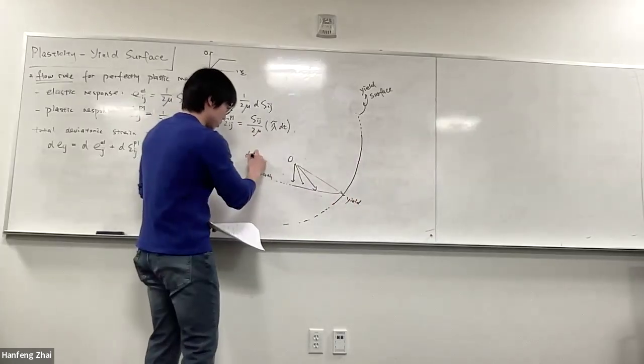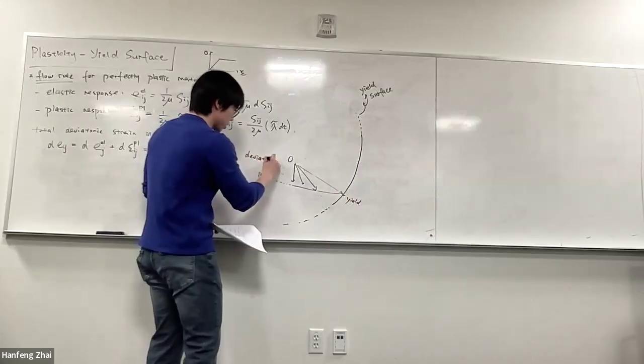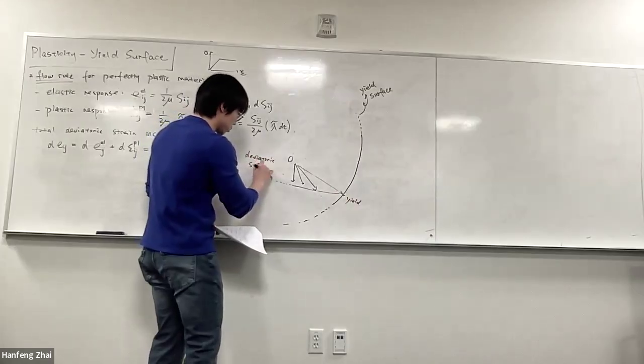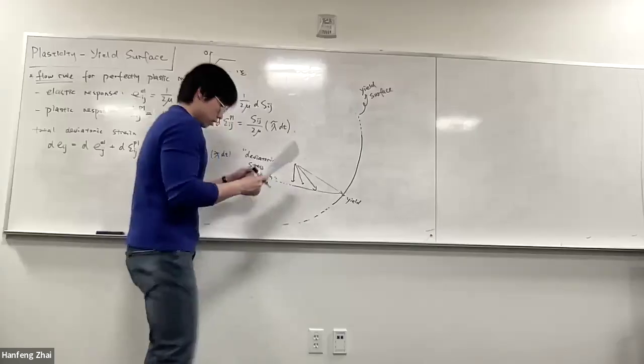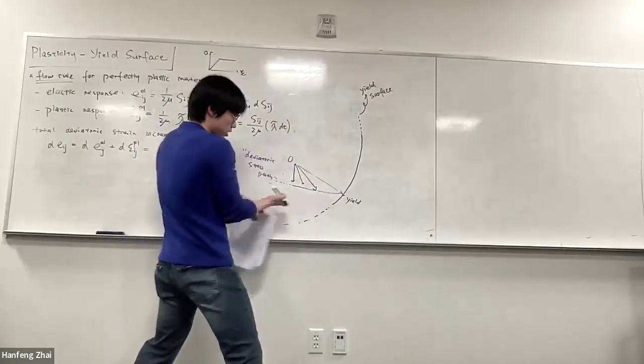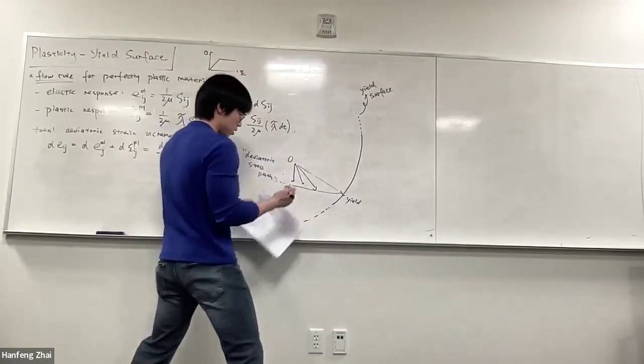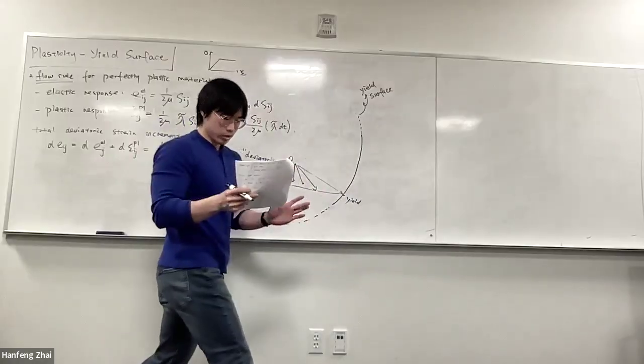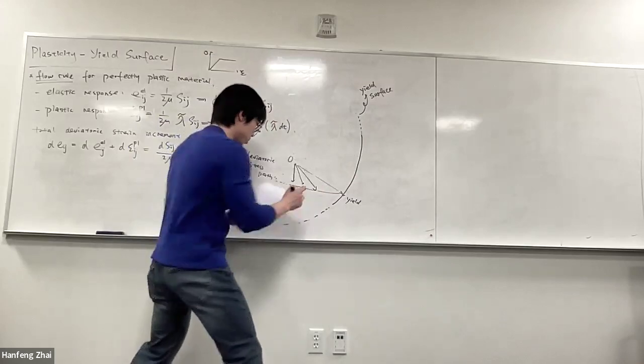And we'll call this the deviatoric stress path, to be precise. Before I reach the yield point, in this regime I'm still in the elastic regime, so they're proportional.